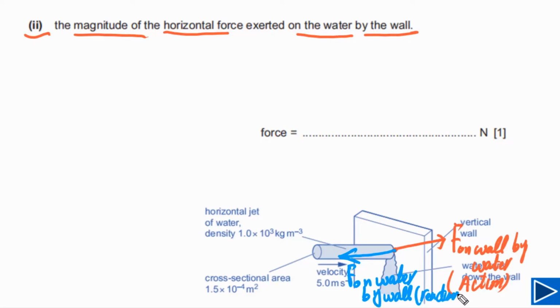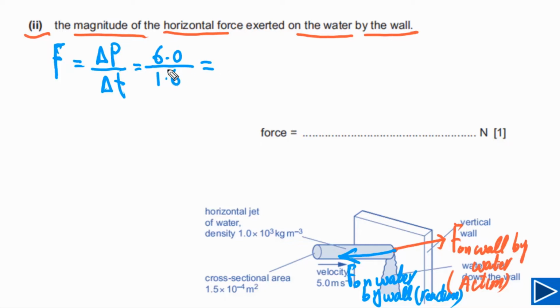Action and reaction forces. This question is asking us to calculate the magnitude of that force. So the resultant force exerted on water by the wall, we can simply find out, will be equal to change in momentum over time. For this question we have already calculated change in momentum along horizontal, that was equal to 6.0, and the time taken was given, that was equal to 1.6.